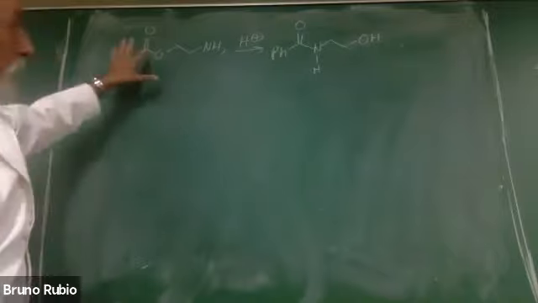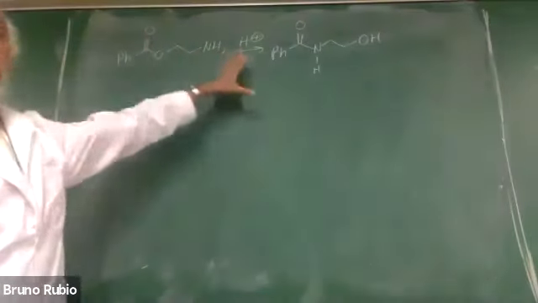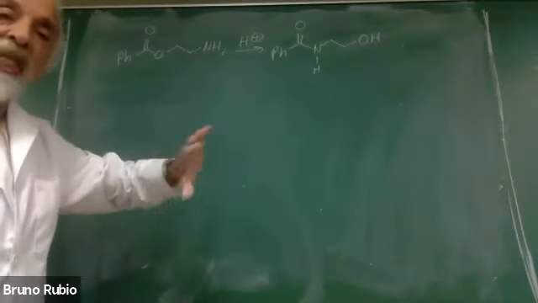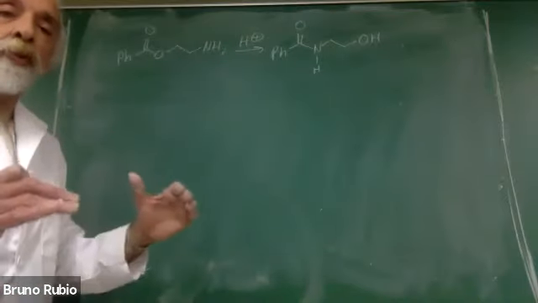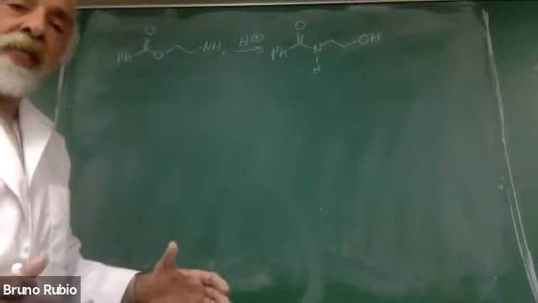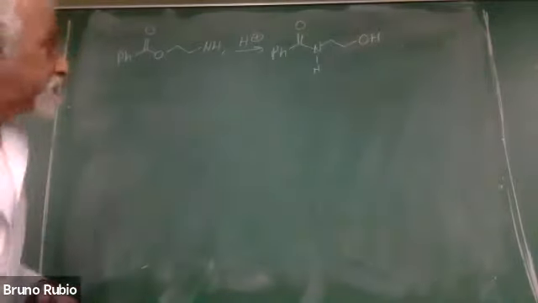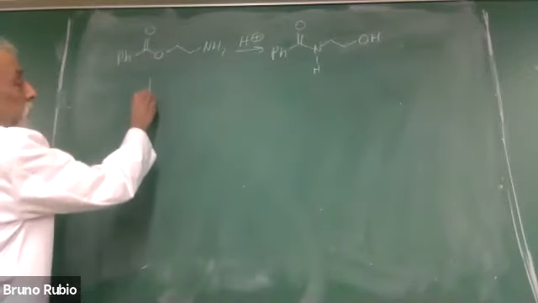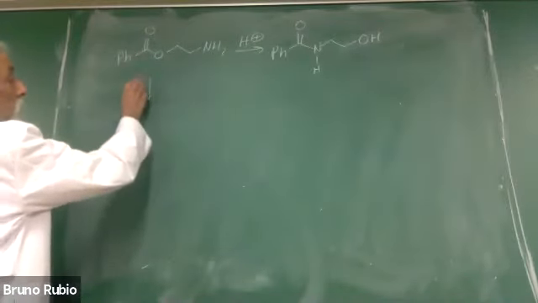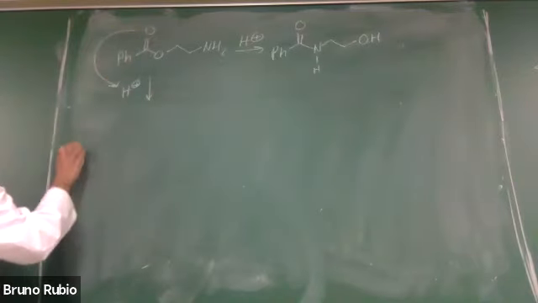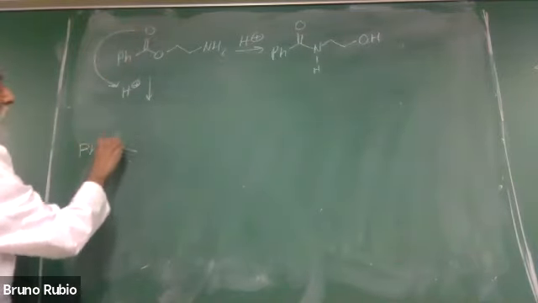Because when we see a carbonyl compound under acidic conditions, we have a thematic mechanistic opening, which is we protonate the carbonyl oxygen and then we attack the carbonyl carbon with a nucleophile. So first step, protonation of the carbonyl oxygen.